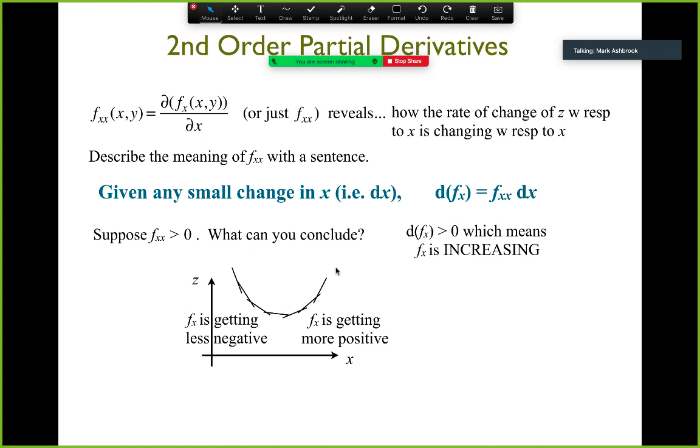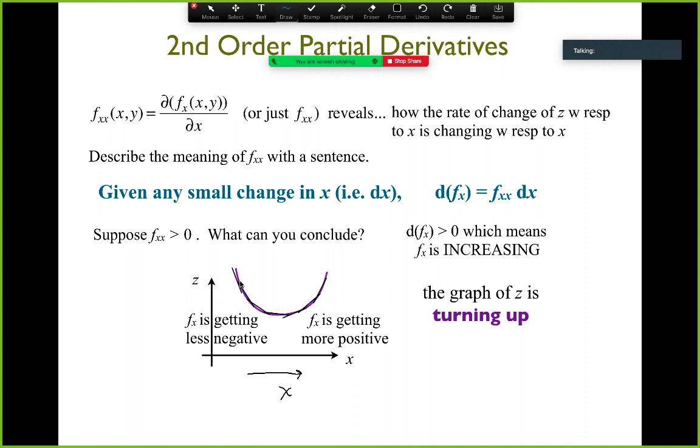But in either case, as x increases, the graph is turning up, right? The rate's getting less negative, the rate's getting more positive. That means the graph keeps turning up. The rate of change is increasing. And that's what we get for the second derivative being positive. And this is what we call concave up.